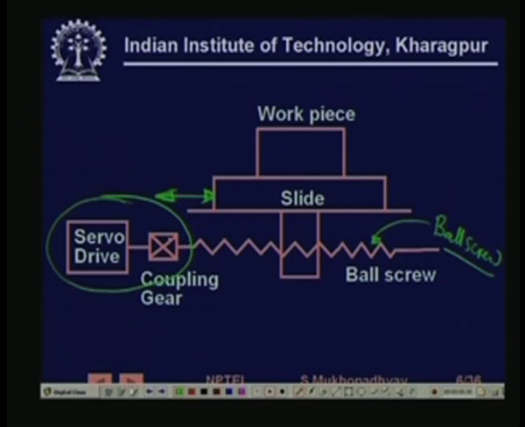As the ball screw rotates, this slide can move this way or that way, just like a screw motion. These ball screws are very well designed such that precise motion is created, and things like backlash, which affect the accuracy of manufacturing, are minimized by engineering design, and whatever remains can also mostly be compensated in these machines.